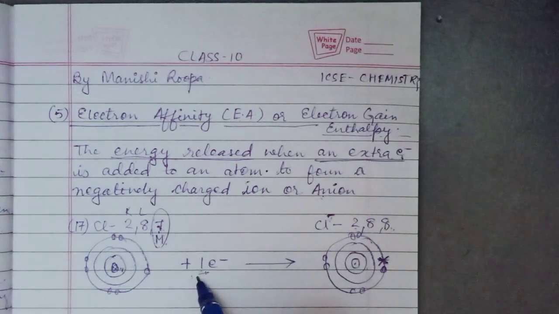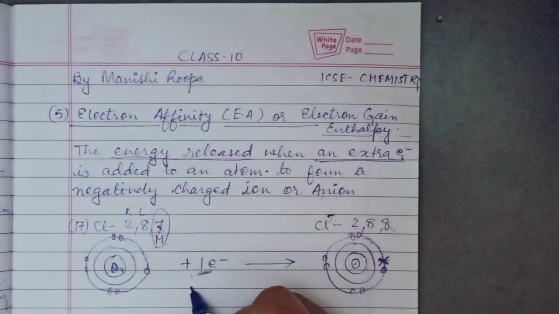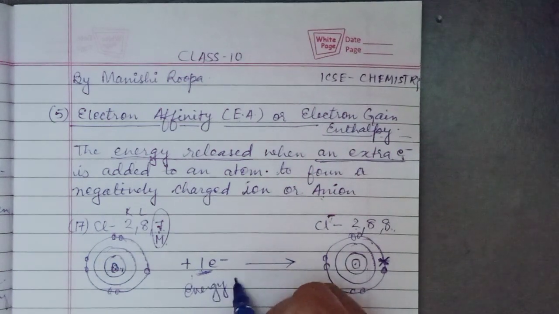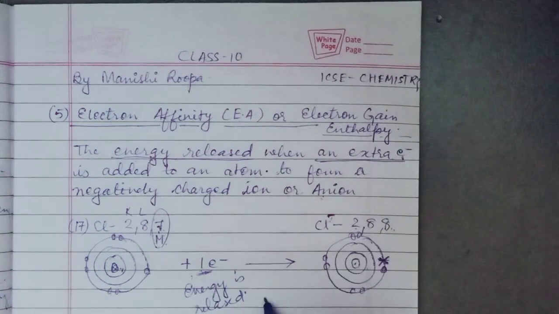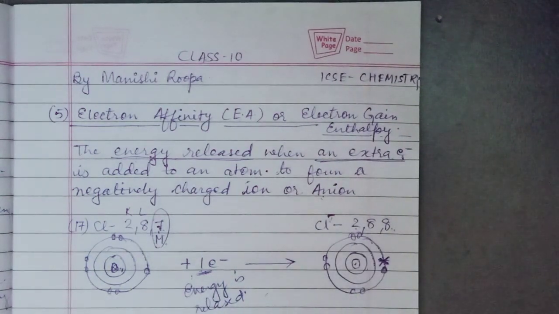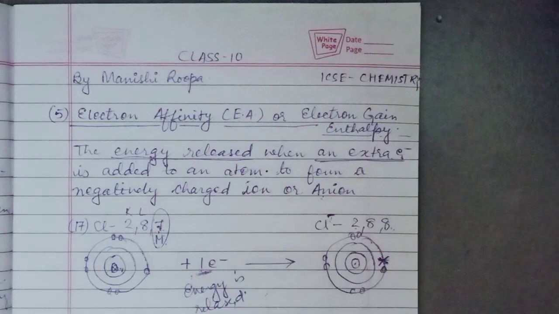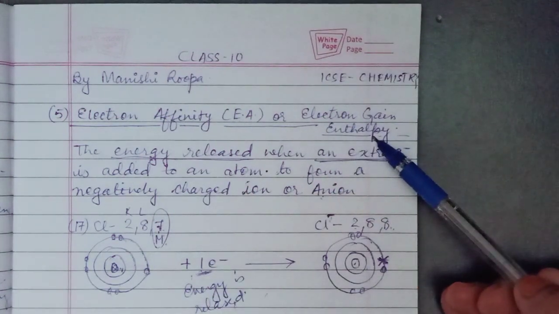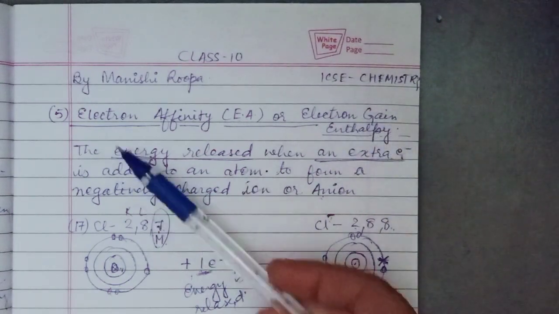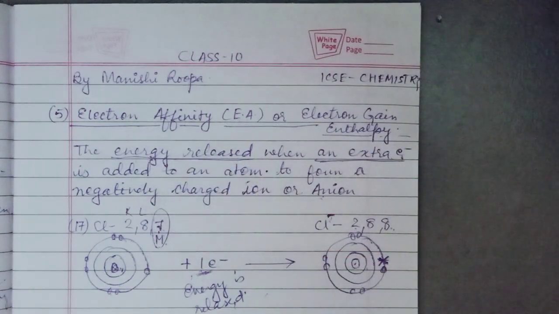When an electron is added to a neutral atom, energy is released. This energy released is called electron affinity. In some books you will see electron gain enthalpy written. Electron gain enthalpy and electron affinity are the same thing, only the name is different.